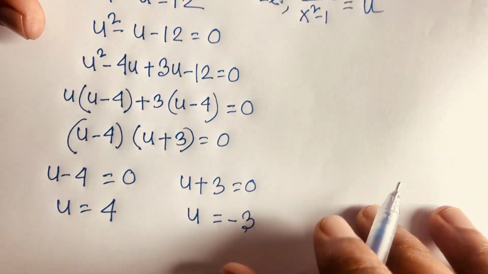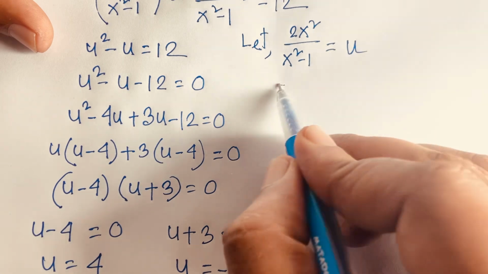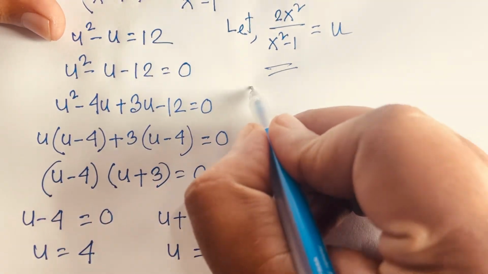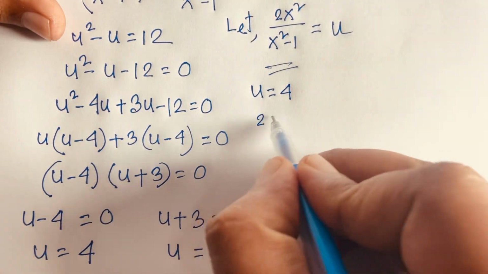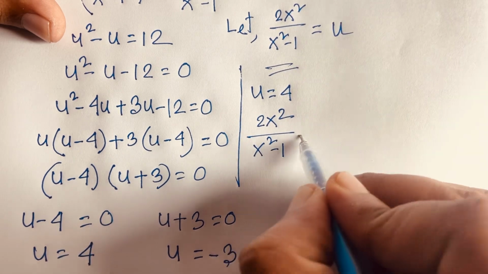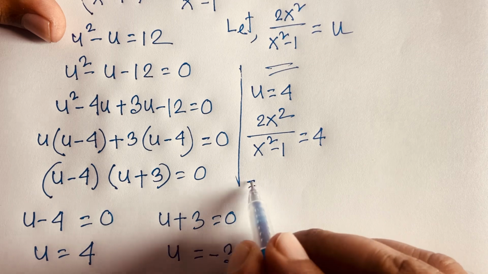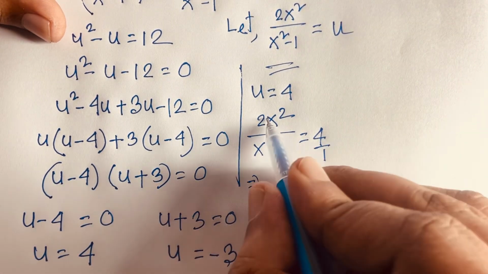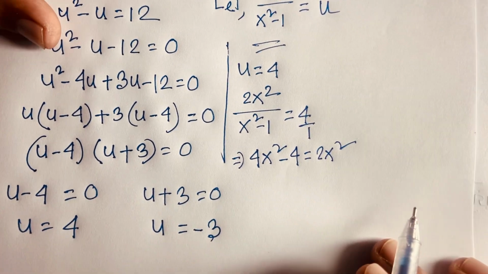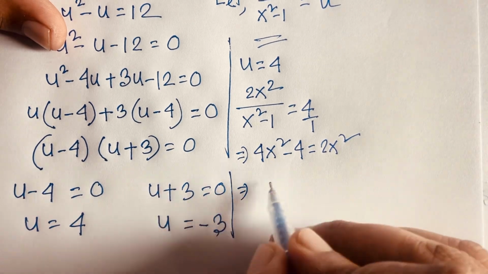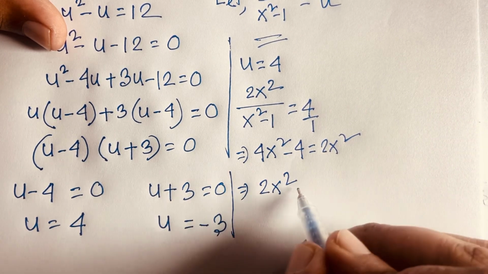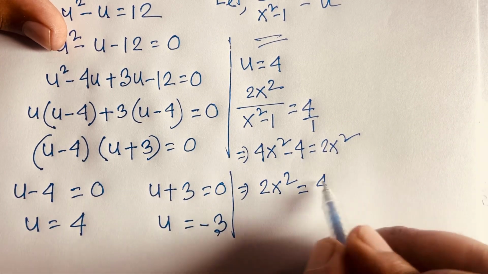So remember that our u is 2x²/(x²−1). We found u = 4 and u = −3. So take u = 4: 2x²/(x²−1) = 4. Then if I multiply, it will be 4x² − 4 = 2x². Then 4x² and 2x², if I subtract, it will be 2x² = 4.